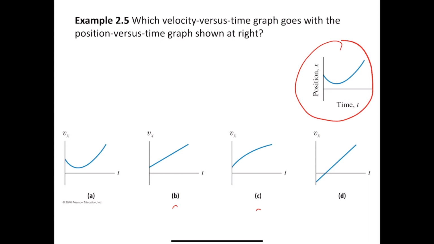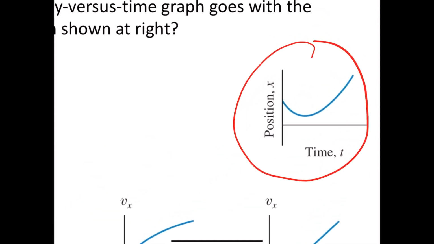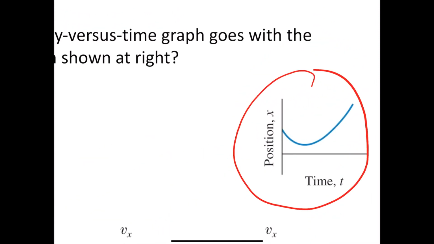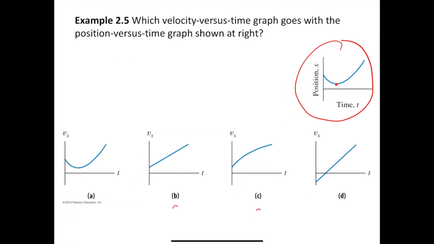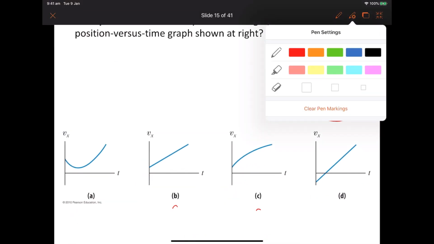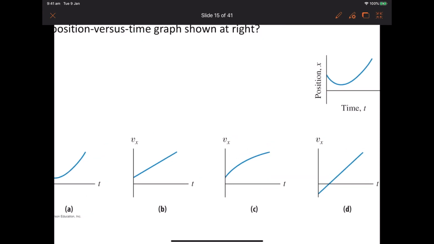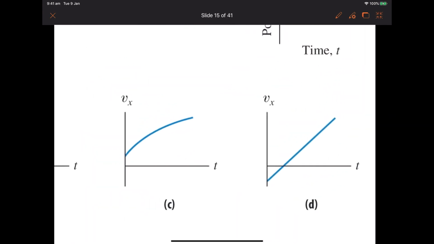Now remember, the first thing is to look at the 0 first. Let's look at the position here. At which point do you get 0 velocity? This point. So now the way to do it, forget all the ones at the bottom. Let's see if nobody showed you this, how you're going to do it.